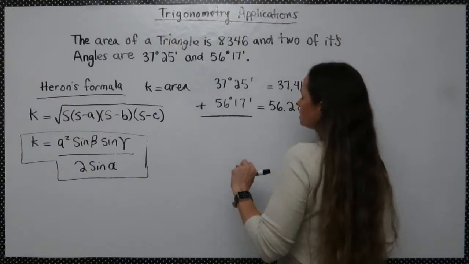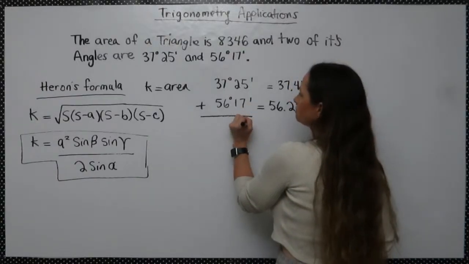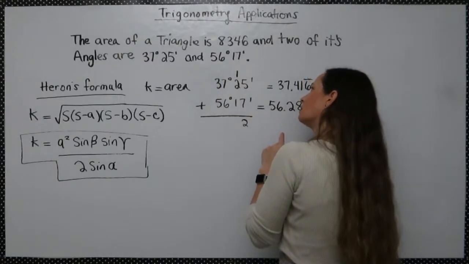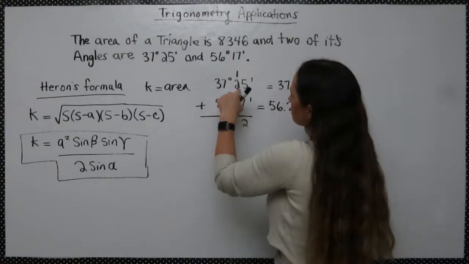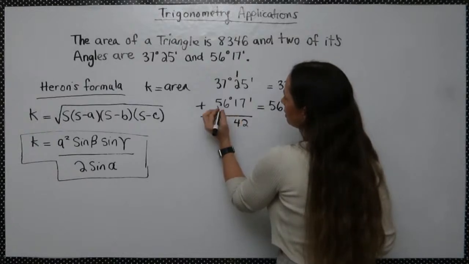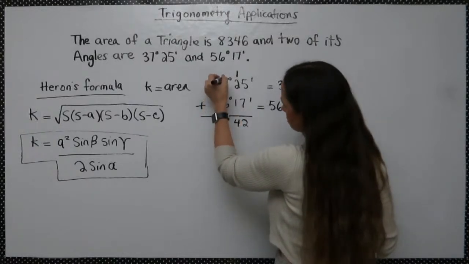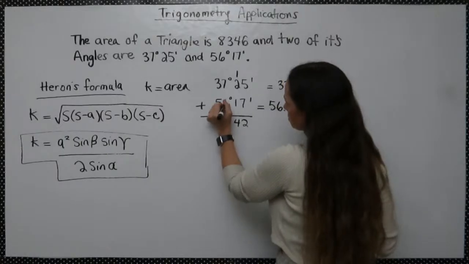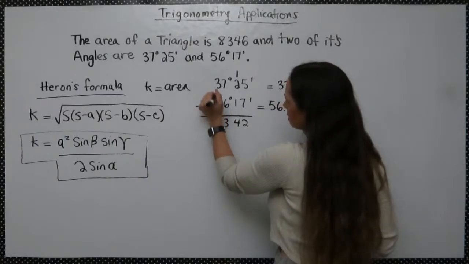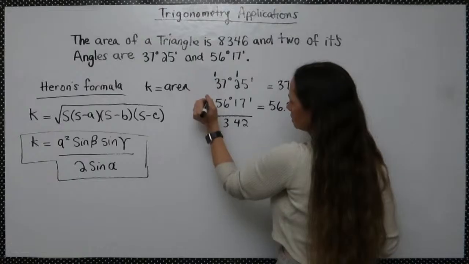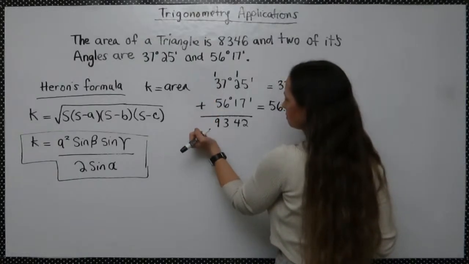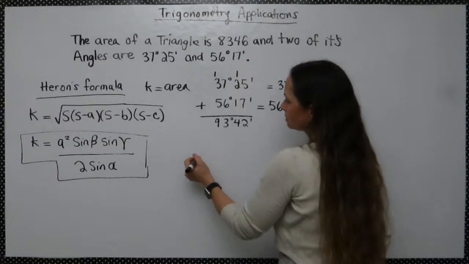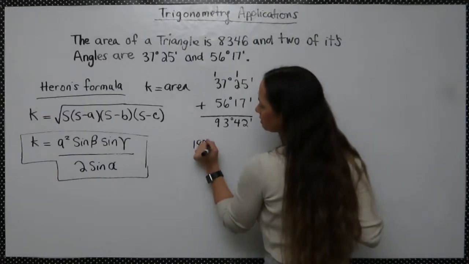So we've got 42 minutes and 93 degrees. We have 93 degrees and 42 minutes, and we're going to subtract that from 180.